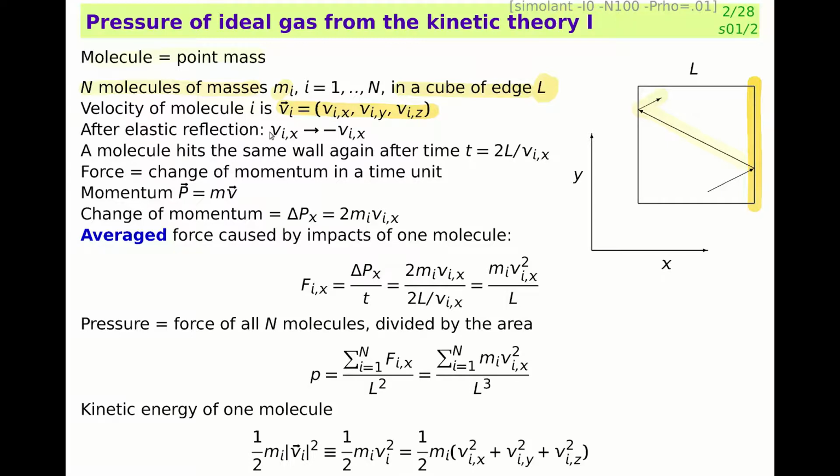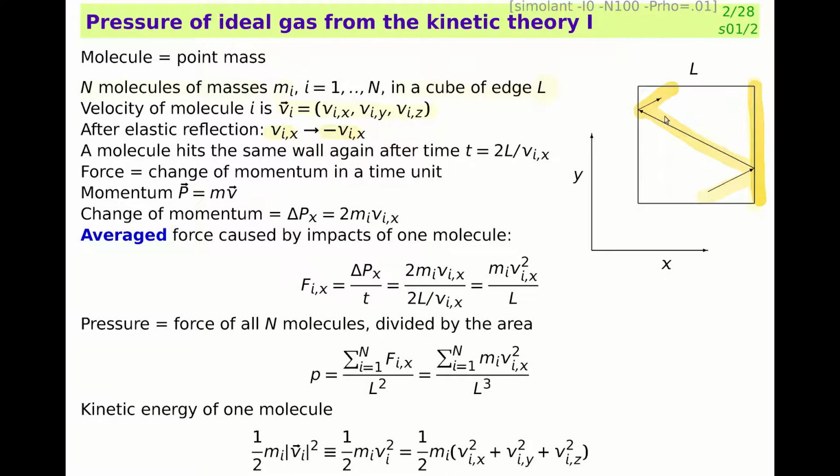It means that its velocity component in the x-axis is reversed, that's opposite sign. So, for example, this is this molecule. Here it's reflected, then it goes back, and again. So the question is, what is the time after which it will hit the same wall again?